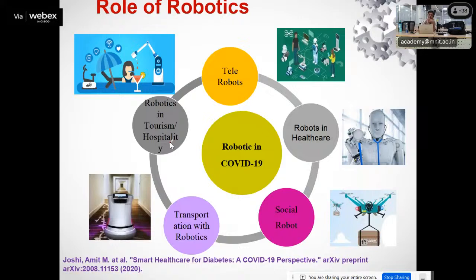Even robots were placed in some hotels for serving food, or for COVID patient data collection, robots have been used to collect samples from a COVID patient. So robotics will play a very important role in the healthcare domain and also in solving some societal issues.